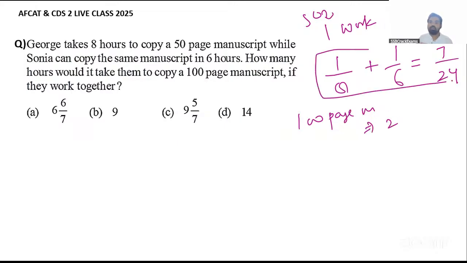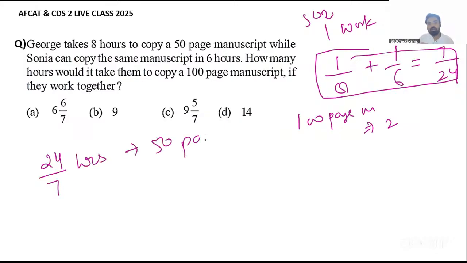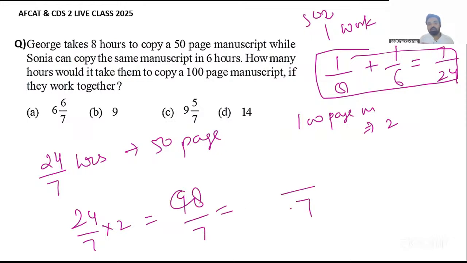If they start writing together, they will finish in 24 upon 7 hours for 50 pages, not for 100 pages. So they have just completed one work. For two work, simply multiply by 2. 24 upon 7 into 2, that is 48 upon 7. Okay, so this is the answer.